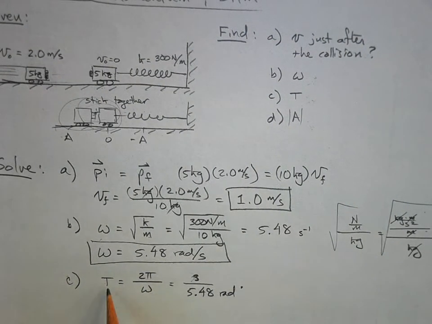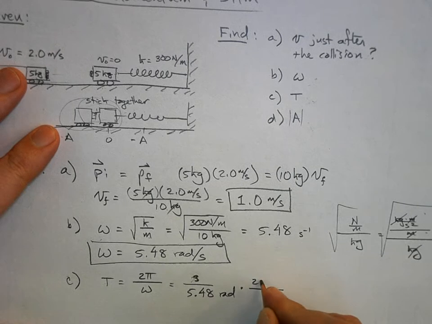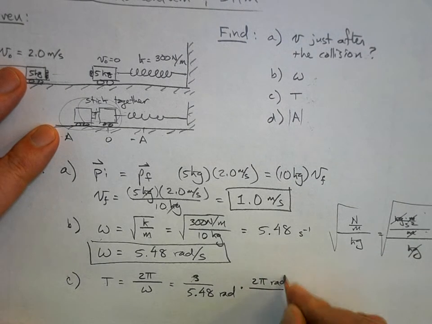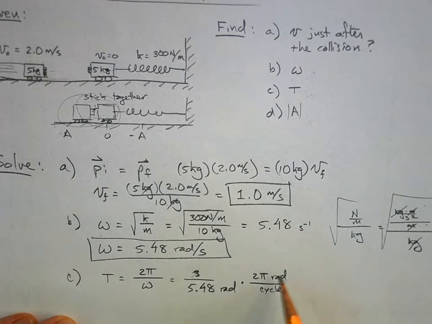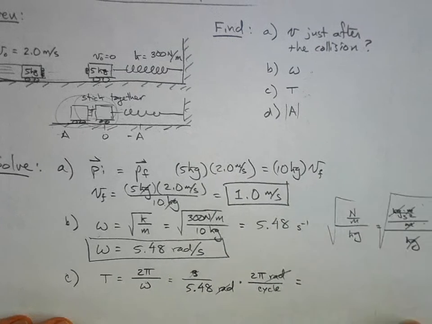But what is the period? Period isn't time per radian, it's time per cycle, or time per revolution, or a complete cycle. And there are 2 pi radians in one cycle. That's why the 2 pi is there. So the radians cancel, although they're dimensionless, so it's kind of weird to say they cancel.